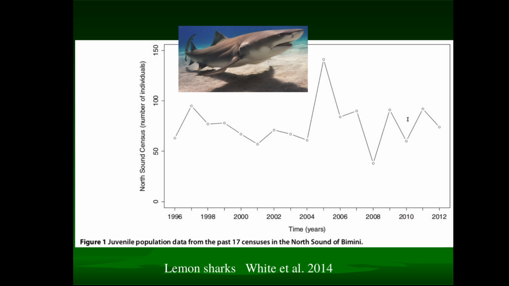So again, here the authors weren't interested in the absolute population, just the fluctuations over time, which they estimated with a sample. So catch per unit effort, or CPUE, is usually assumed to be adequate to estimate population fluctuation.